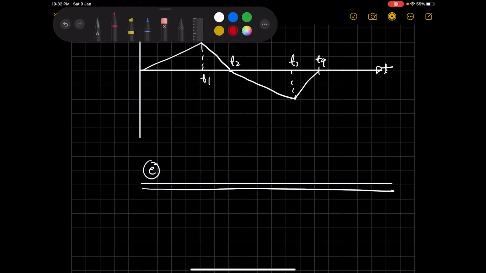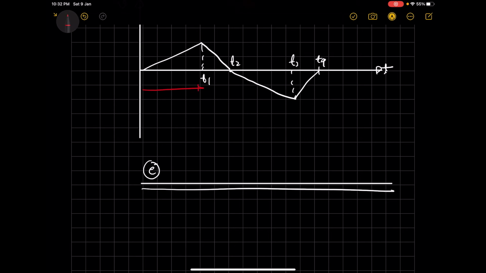Right away you can notice that this distance T1 is not same as the distance between T1 and T2. Therefore, electrons from 0 to T1 will increase their velocity and reach some point x.